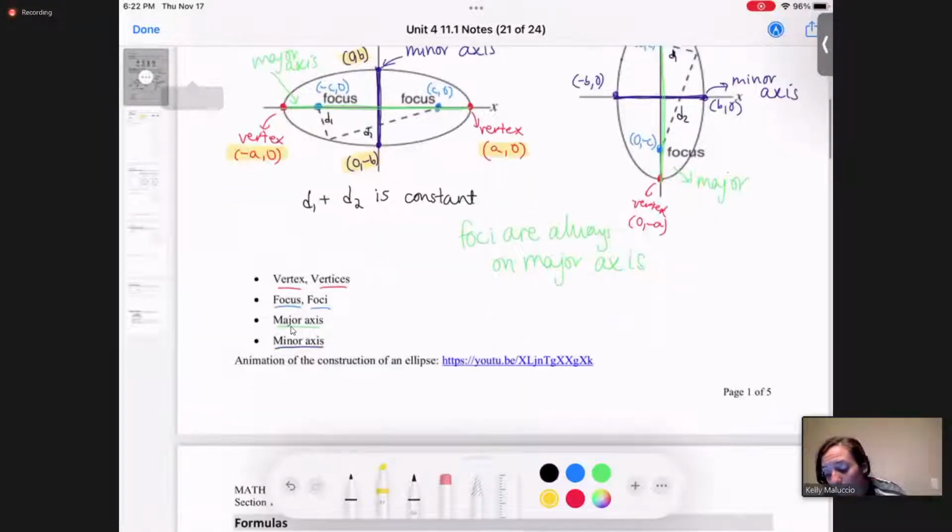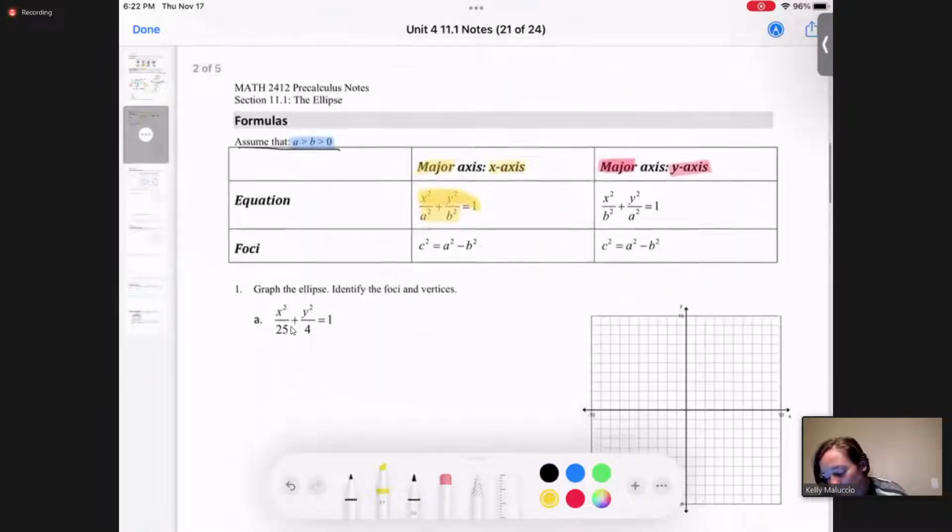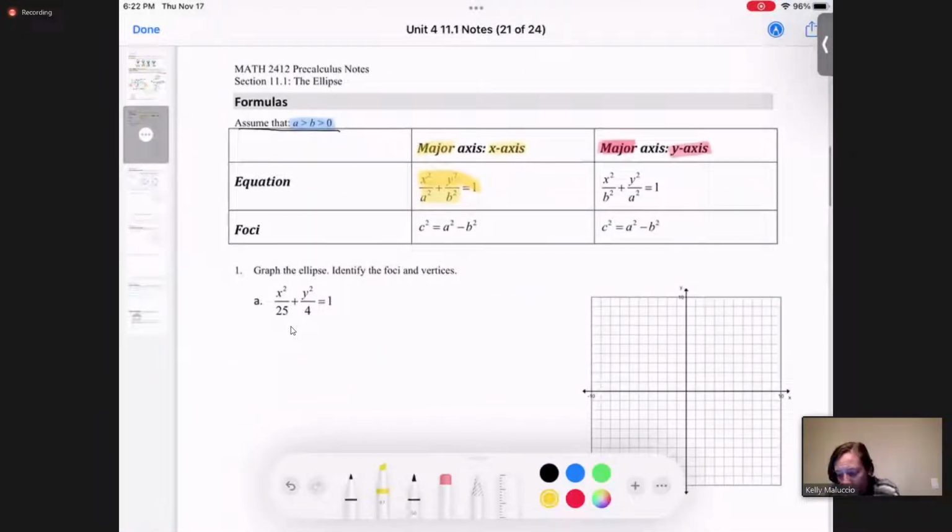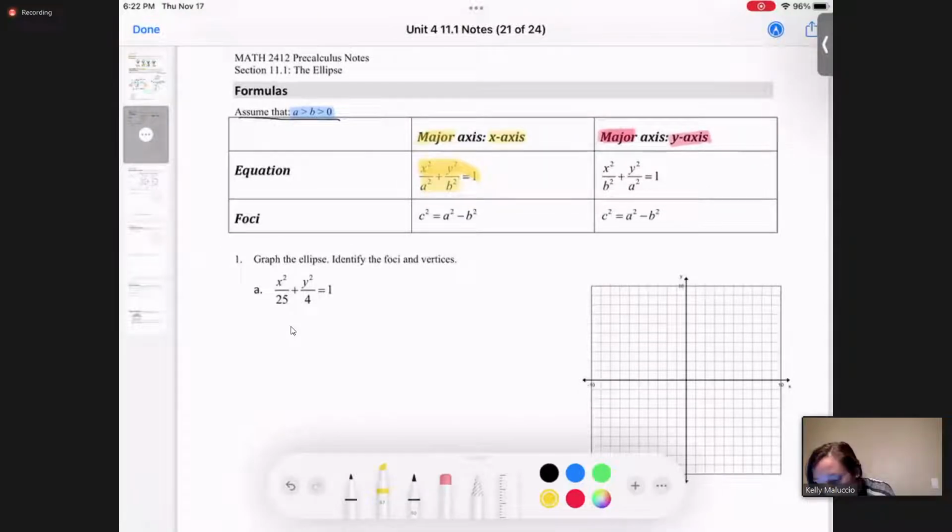So we can graph this. We don't have focus points, because you pick those yourself, but we can graph this based on the equation. And for the foci, c squared would be a squared minus b squared.